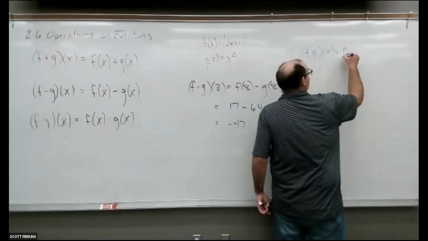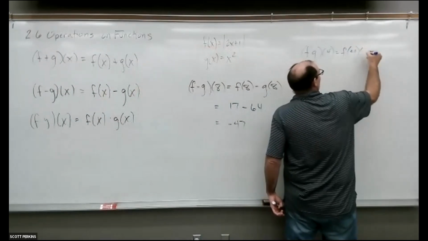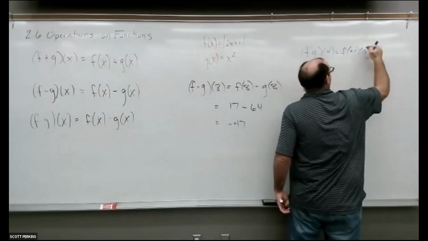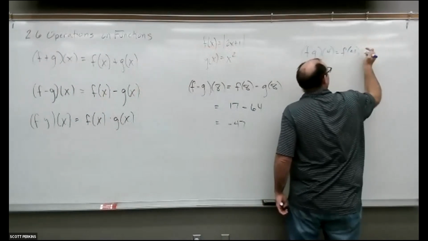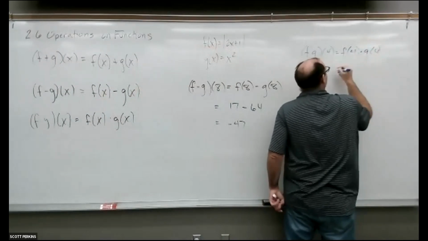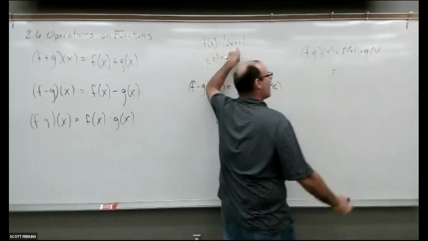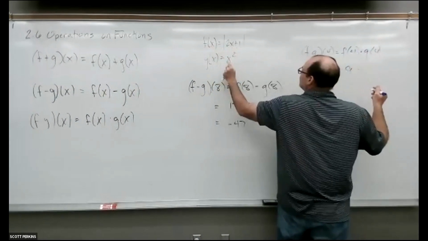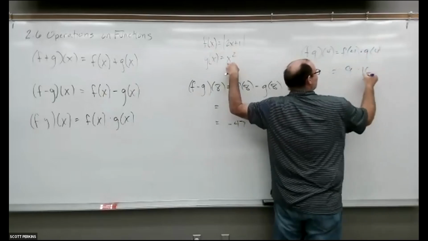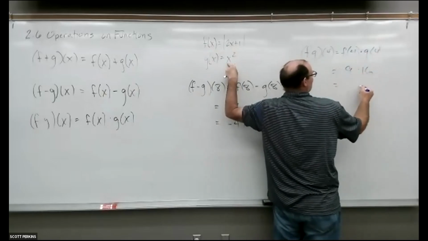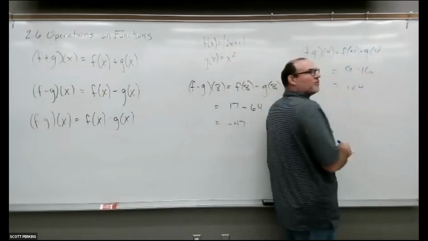So I'm going to do my function multiplication, f of 4 times g of 4. F of 4, 2 times 4 is 8, plus 1 is 9, absolute value is 9. G of 4, 4 times 4 is 16, and 9 times 16 is something like 144.